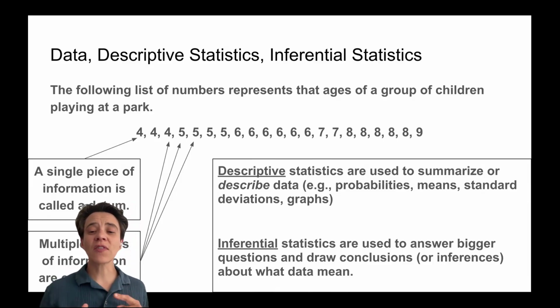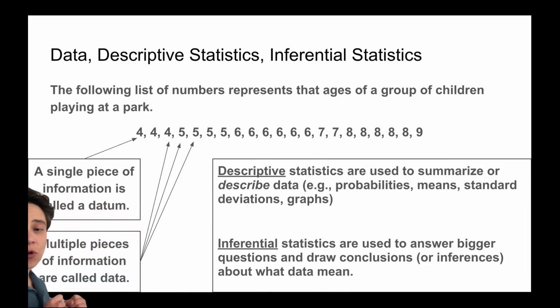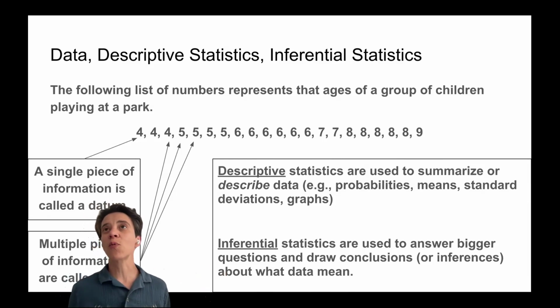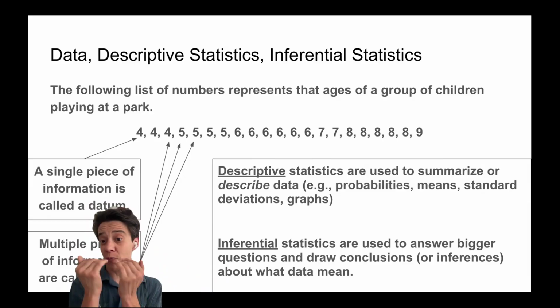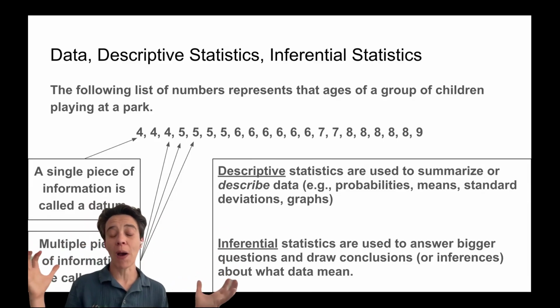If instead we want to answer questions about the data in the population, then we have to do inferential statistics instead. Inferential statistics is when we're calculating usually on a smaller group of individuals' information and then making conclusions about a larger population.